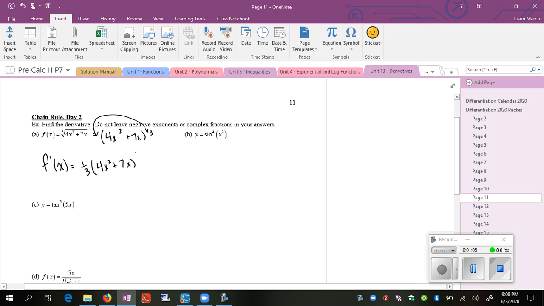Now decrease the exponent on the parentheses by 1. And now chain rule, multiply that by the derivative of what's on the inside, which is going to be 8x plus 7.